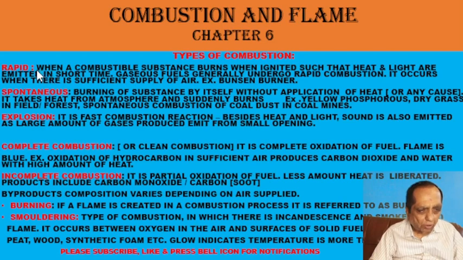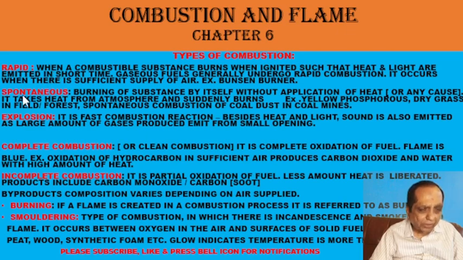For example, you have experience of igniting the gas Bunsen burner. You give a matchstick or heat it, and in around 30 seconds, it will start burning. So that is considered rapid. But for certain things it may take much more time. So this is called rapid burning.